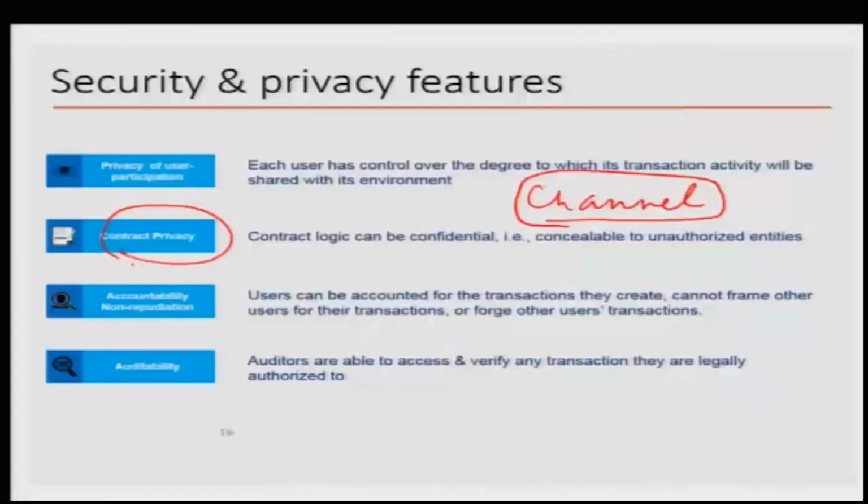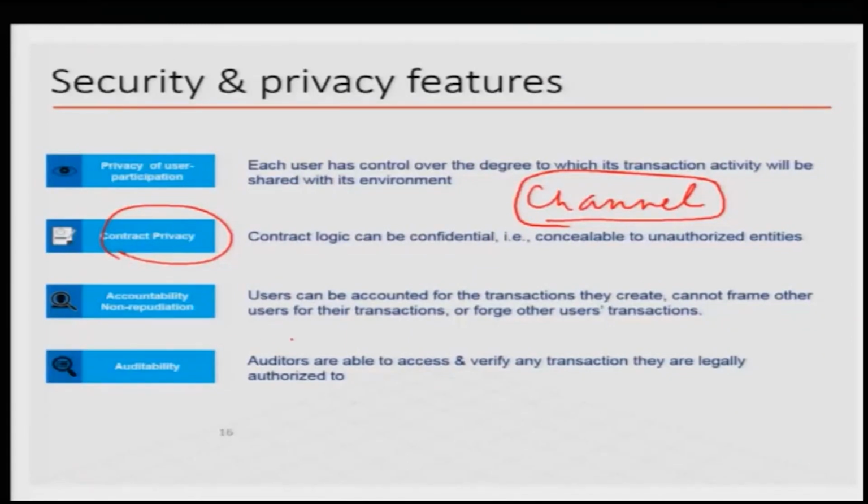That can be done in the Hyperledger setup, but it is not through channels. You can be on the same channel, but you can have separate trust domains, and only the peers in your trust domain can see your smart contract, others cannot. So, that contract privacy is another thing that Hyperledger gives.